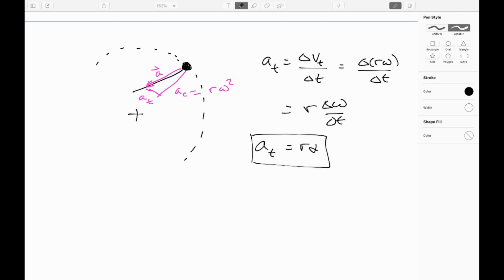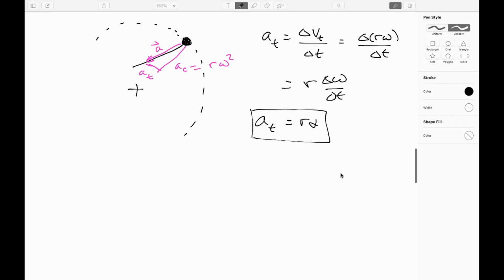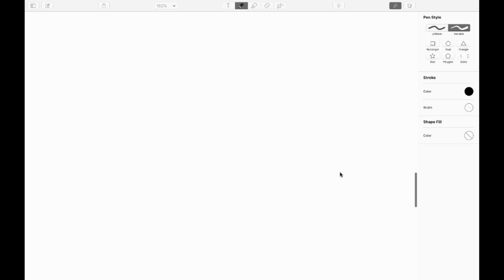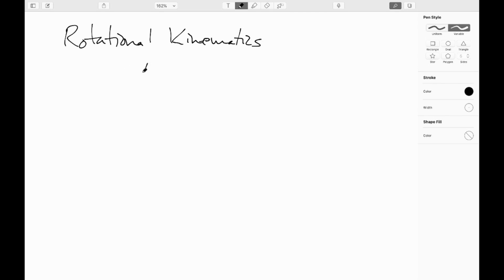So where does this lead us? Well, it turns out that we are now free to do rotational kinematics. So again, the key assumption here is that alpha is a constant.